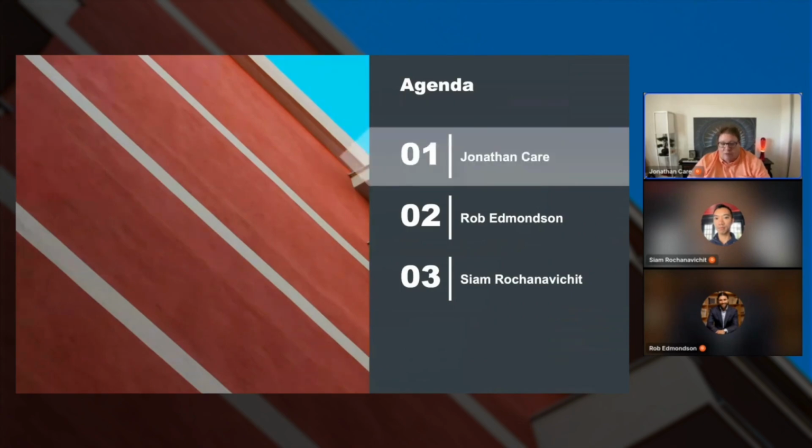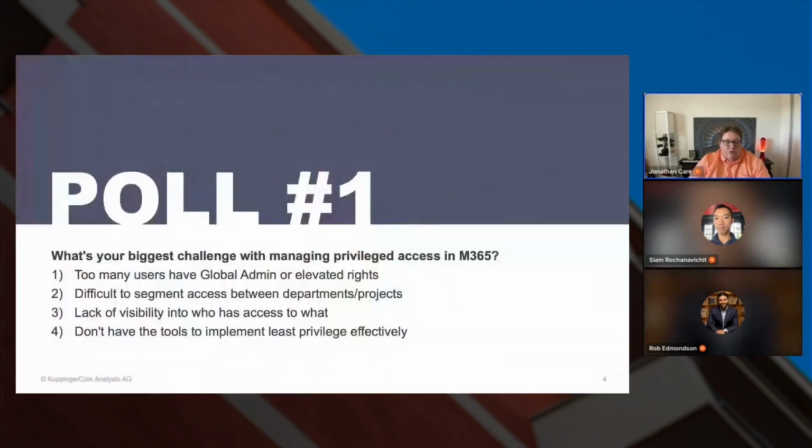As I said, my name is Jonathan Kerr, and here's our poll for today. The question we're posing is, what is your biggest challenge with managing privileged access in Microsoft 365? Is it too many users having global admin or elevated rights? Is it the difficulty of segmenting access between departments and projects?